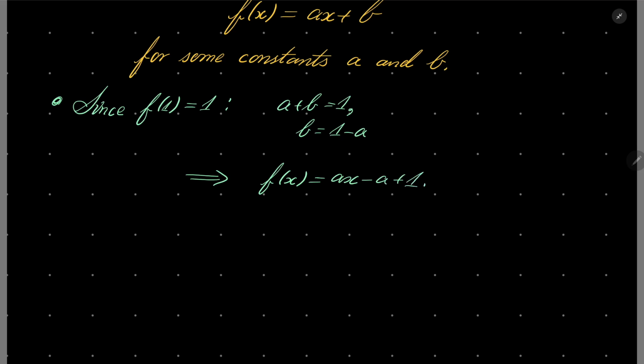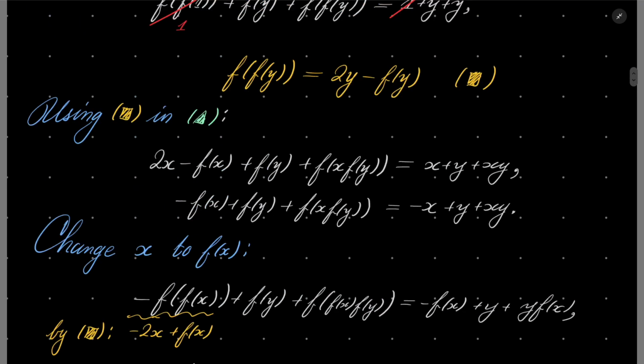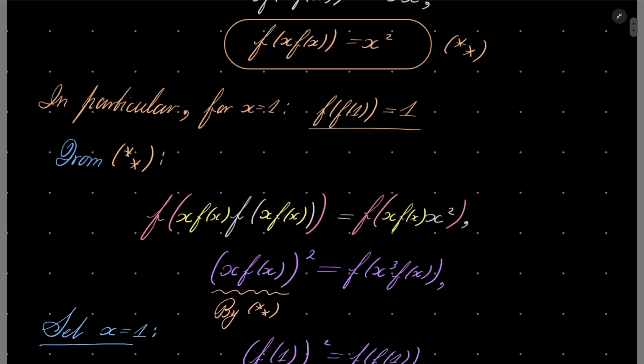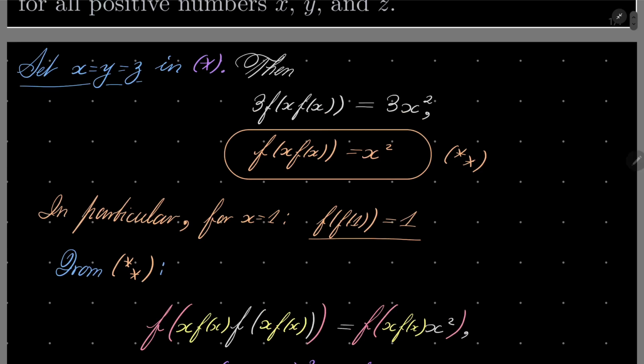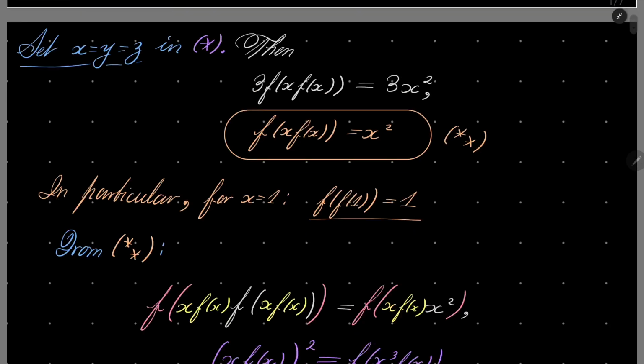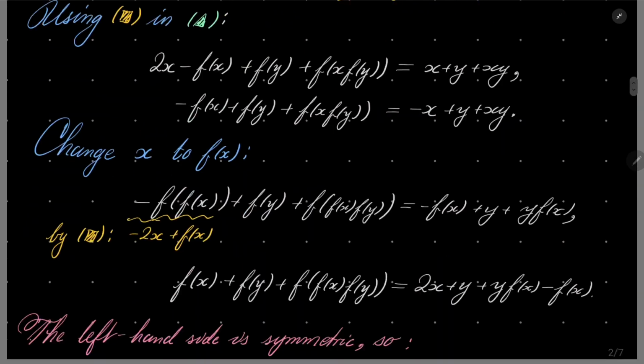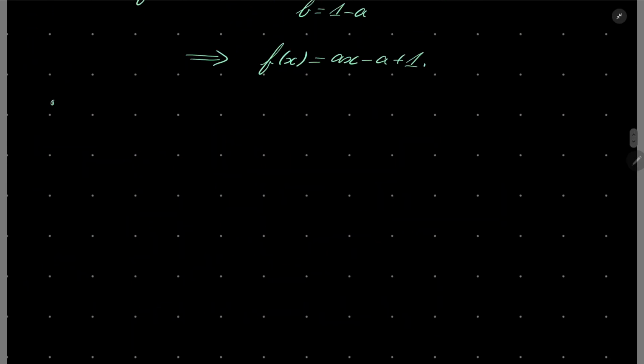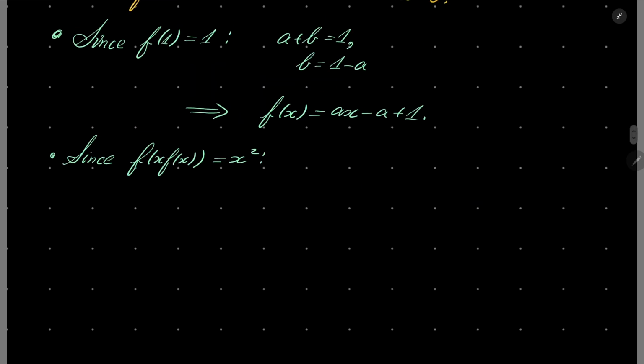Alright, now we have to find our second variable, and now let's use the condition which I have proven at the very beginning, namely this condition double asterisk: f of x times f of x equals x squared. So since f of x times f of x equals x squared, we have the following.